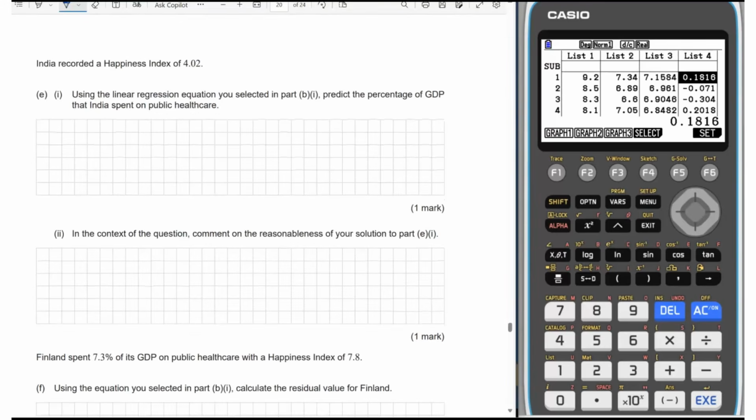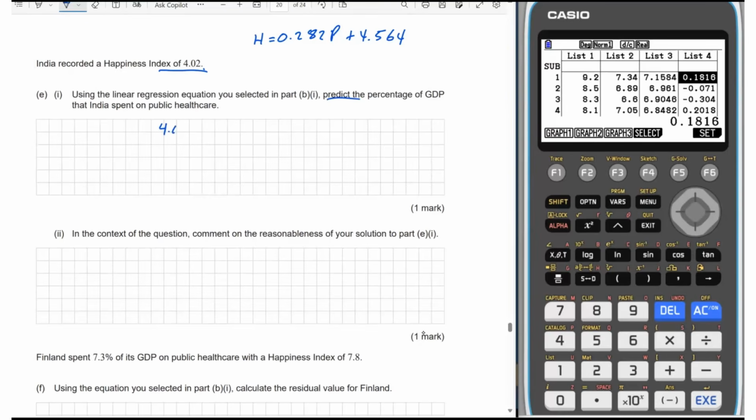Now we get to actually use our equation. So remember, I'm just going to write up again because we keep coming back to it. 0.282p plus 4.564. So we're going to use our linear model, and we're going to actually do some predicting now. So we've got another country that was not in the original table that has a happiness index of 4.02, and we want to know, well, what are we going to predict for their percentage of GDP?